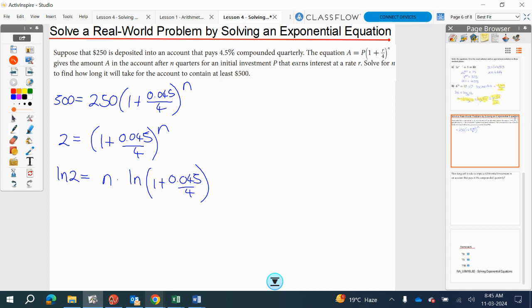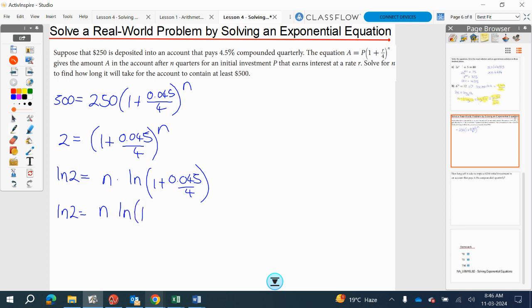It's annoying that we can't simplify that easily. What is that divided by 4? 45 does not divide by 4, I see. So that is 0.01125. I'm going to simplify this expression a little bit.